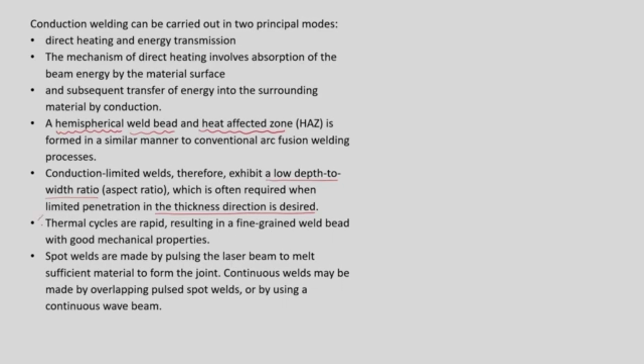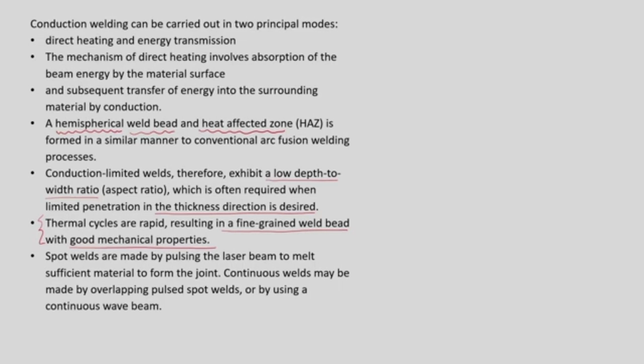When we carry out multiple thermal cycles, we can get a fine grained weld bead with good mechanical properties, because mechanical properties of the weld beads are very essential when we use the welded joints or welded parts for multiple cycles of loading, for dynamic loading.